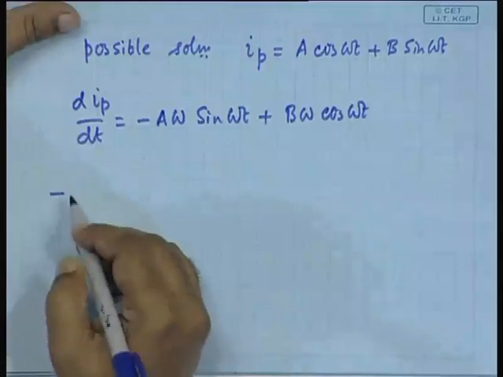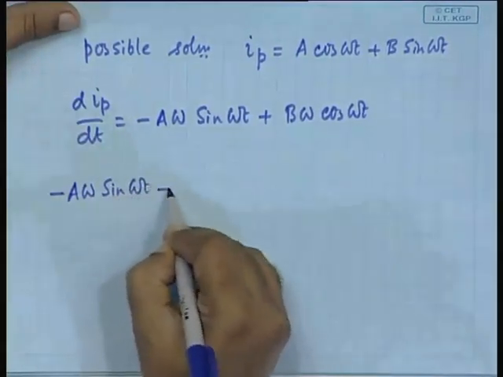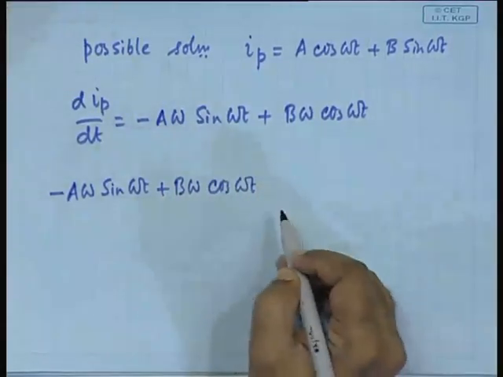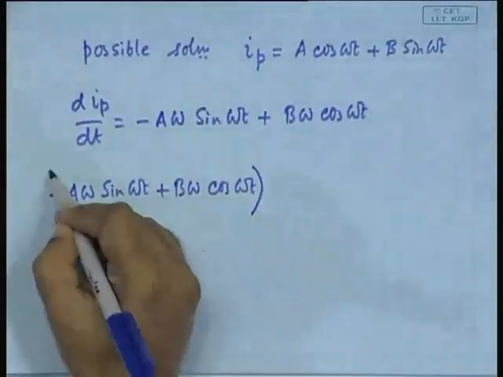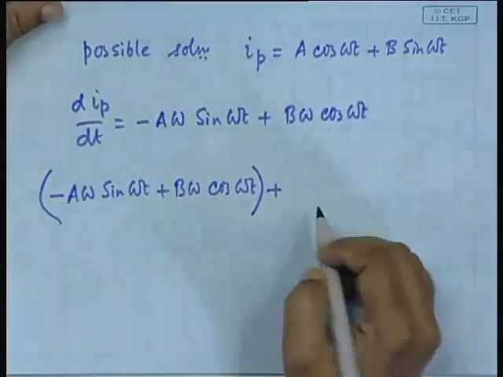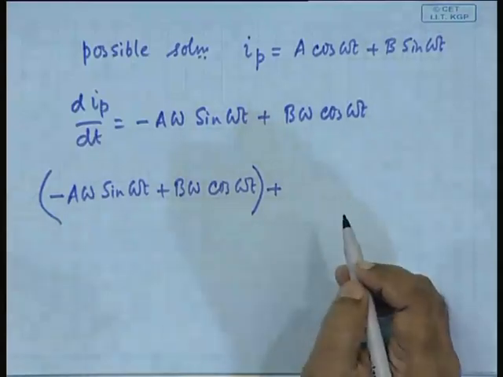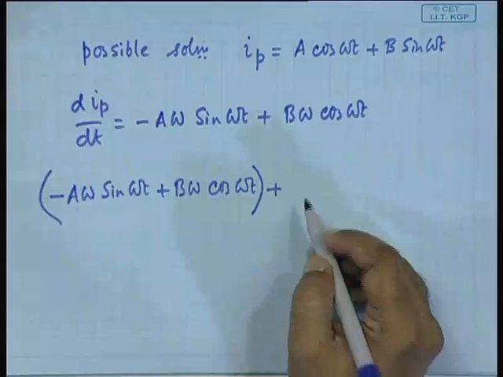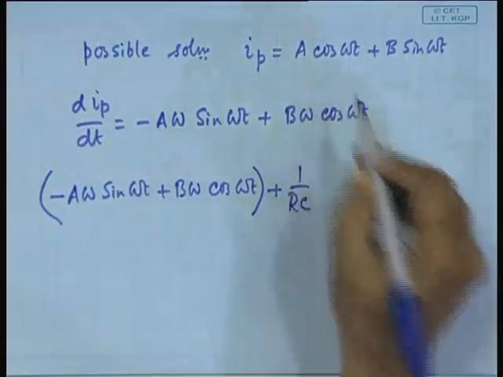It is minus a omega sin omega t plus b omega cos omega t, this term, then plus 1 by Rc times the solution, which is here, 1 by Rc times a cos omega t.